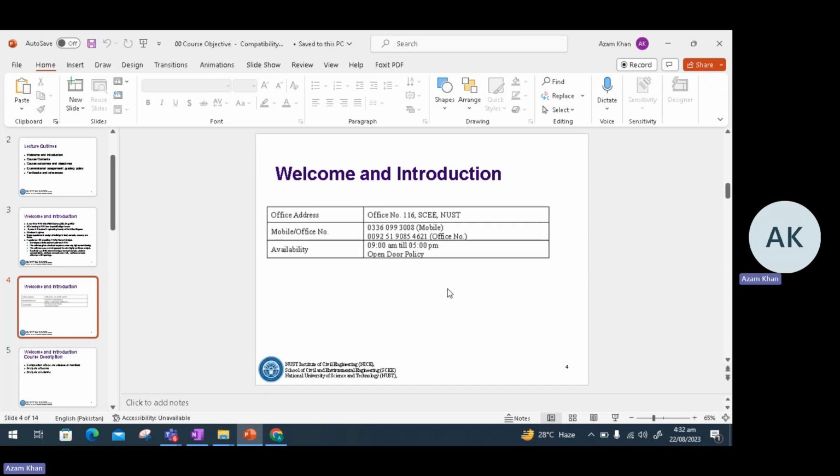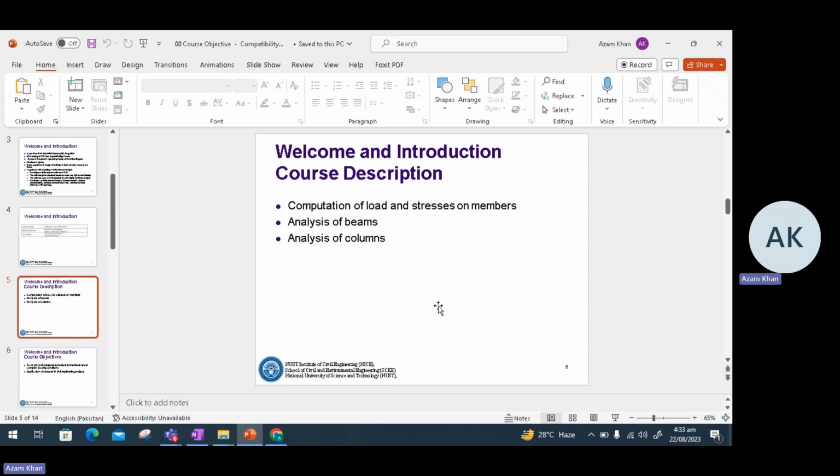So I would ask the CR of this class to set up a WhatsApp group and make me the administrator, please. You all could put any query regarding this course on the WhatsApp, and I'll try to respond to it as quickly as possible. And I hope that if I give you an assignment or anything on WhatsApp, you will also respond.